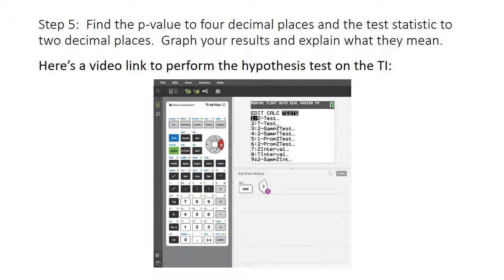We are testing a claim about what proportion or what percentage of a population has a particular characteristic. So for this, we are going to use the one proportion z-test. And it's a z-test because we are using a normal distribution to approximate the binomial distribution you get anytime you are dealing with a proportion. What percentage of successes do you have?